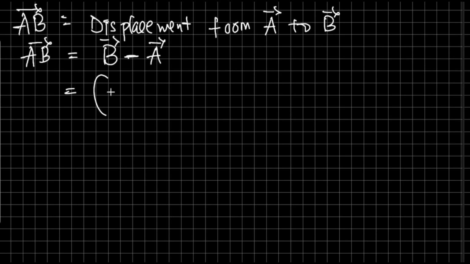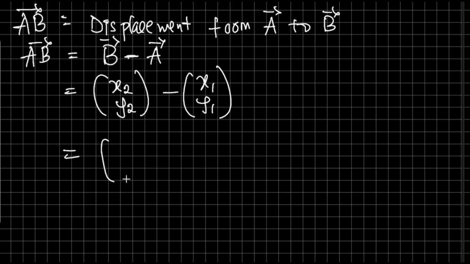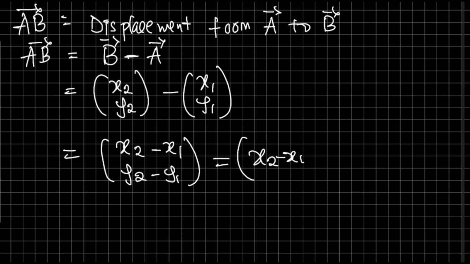If the components of B are x2, y2, and the components of A are x1, y1, then the displacement is (x2 minus x1, y2 minus y1), which in component form we can write as x2 minus x1 i plus y2 minus y1 j. That is exactly what we have here. So this is how to compute the displacement of a vector.